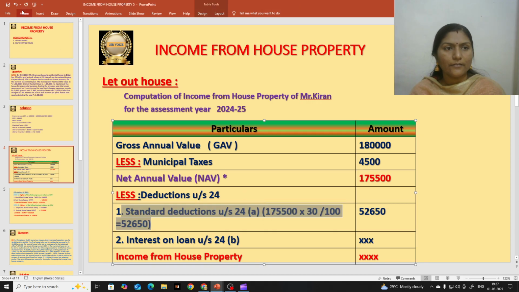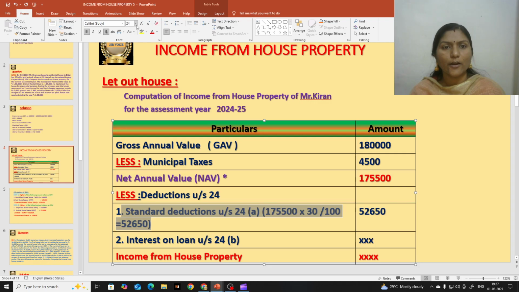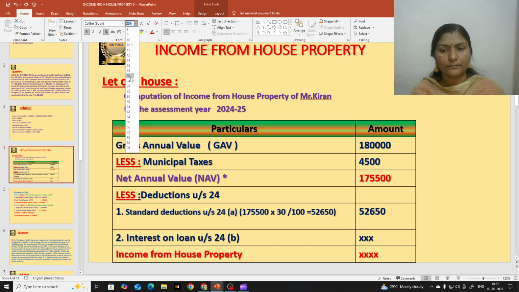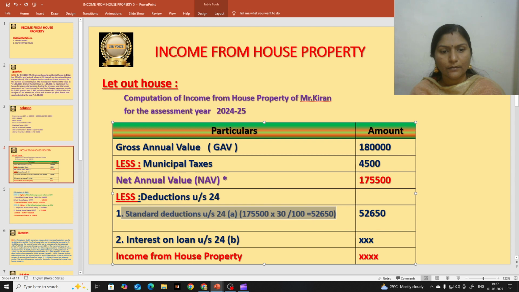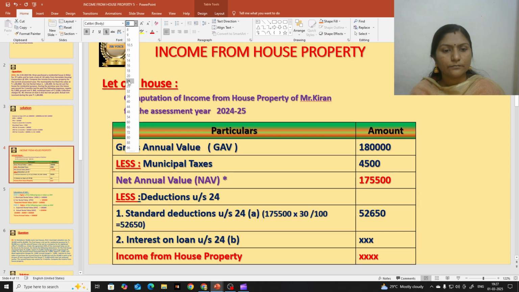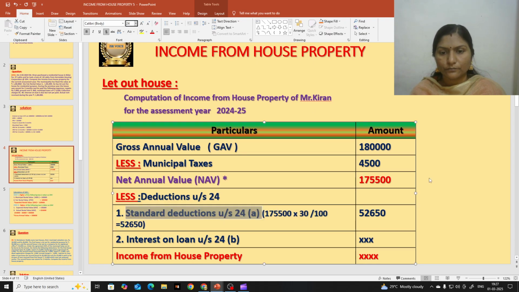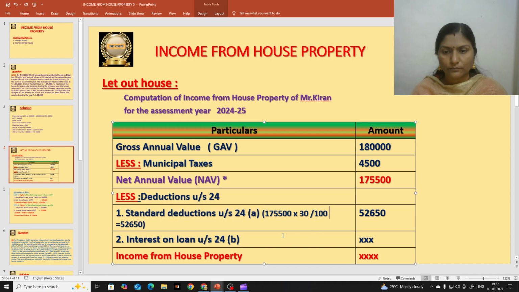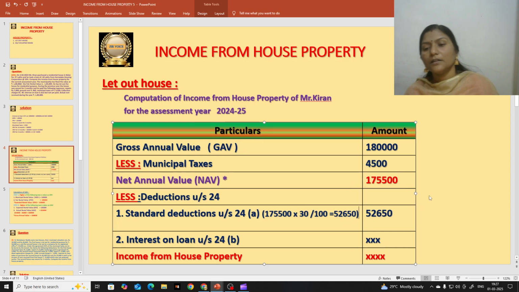Wait for a while. I will just change it because that is not accommodating here. So 52,650, and the next one is interest on loan.